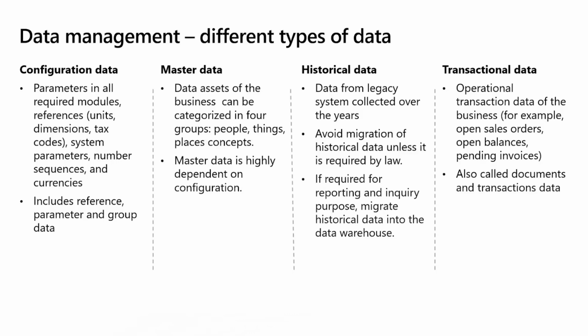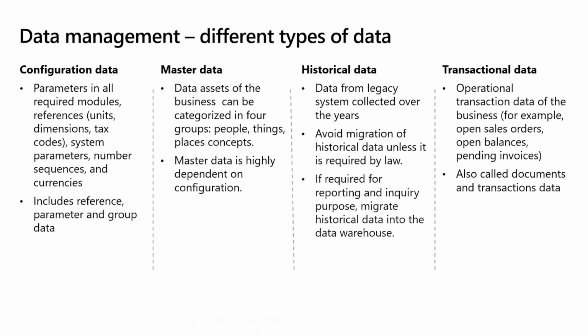Configuration data can be either parameters or references. Parameters would be like units, dimensions, tax codes, currencies, number sequences, etc. Reference data may be like area code, zip code, small tables including certain reference data. It will include reference, parameter and group data.